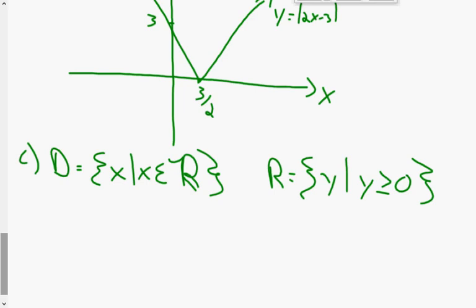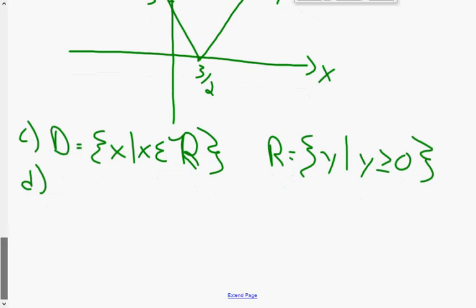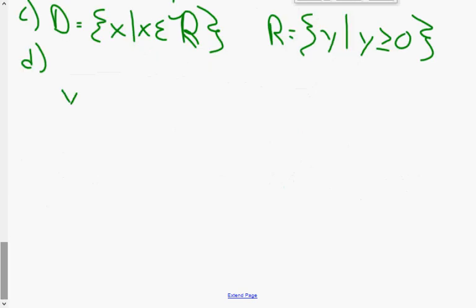Now the last part was the piecewise function. So for the piecewise function, it's going to be like y equals. Now there's two sets of rules, right? Normally this is just 2x minus 3, as long as it's positive or 0.